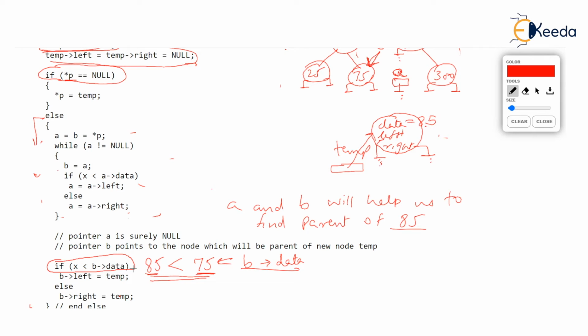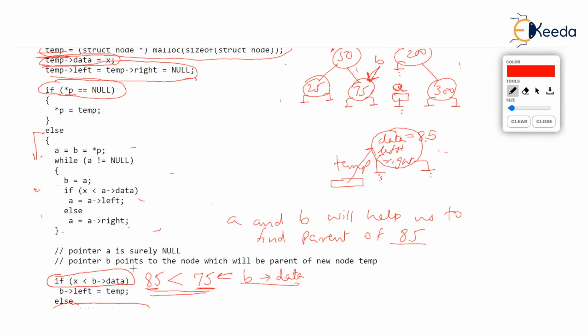Now I hope, because the if is false, you have landed in else. And in the else, we have B arrow right equal to temp. Look at this. B arrow right is becoming equal to temp. Check this, B arrow right. This right I am talking about. B arrow right should become equal to temp. It means B arrow right should point wherever temp points.